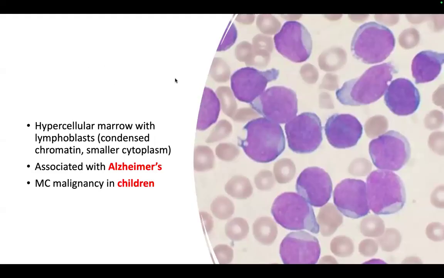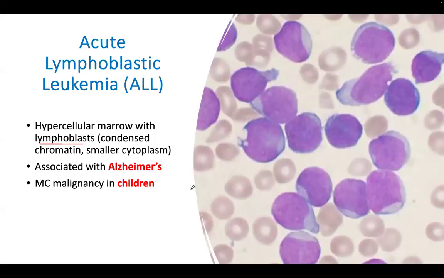Now, let's summarize what's in the morphology green boxes of Robbins. So, what disease is this? Hypercellular marrow with lymphoblasts. It's associated with Epstein-Barr virus, and it's the most common malignancy in children.